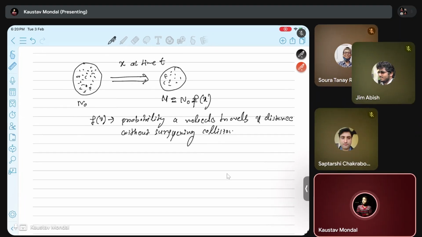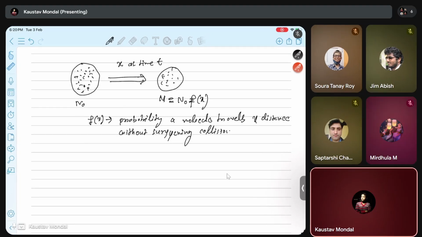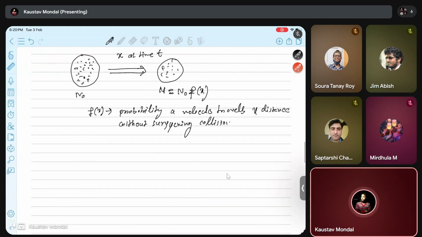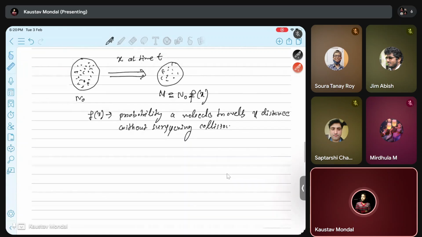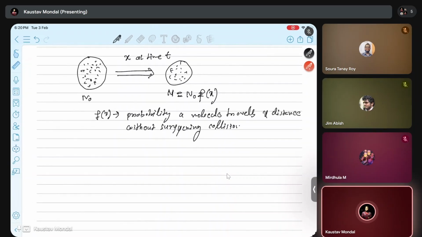That means n is the number of molecules that don't suffer collision within this x distance.